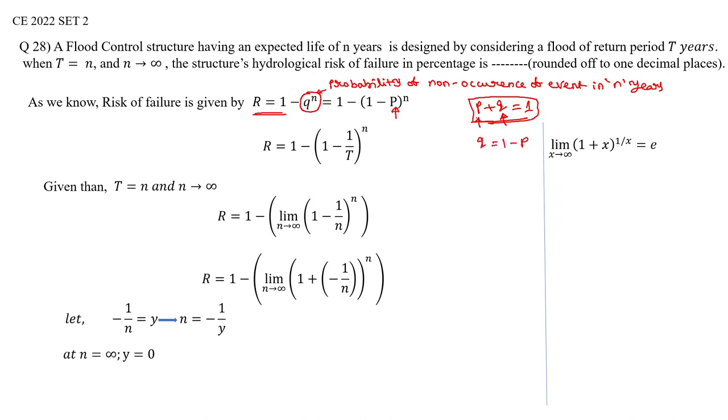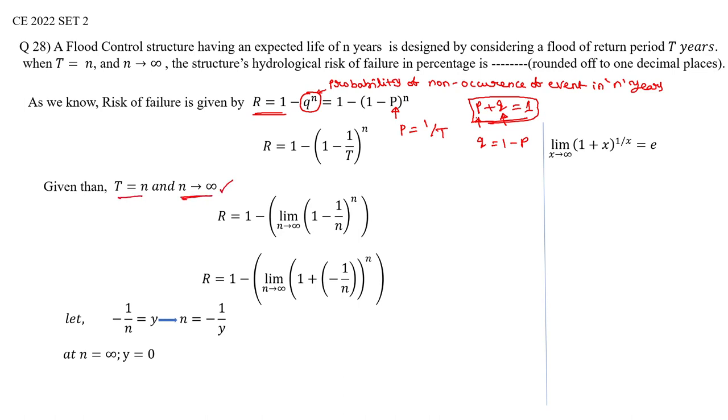We know from earlier slides that p equals 1 by return period. So substitute that: 1 minus (1 by T) power n. What they mention in the question is that T equals n and n tends to infinity.